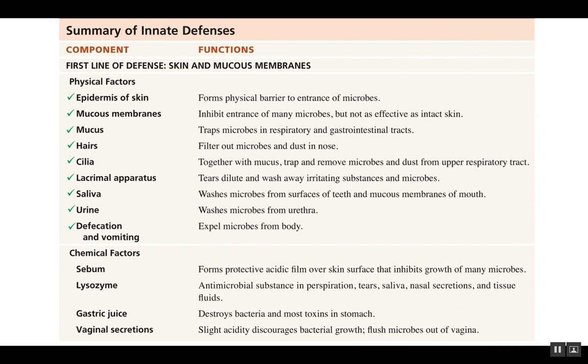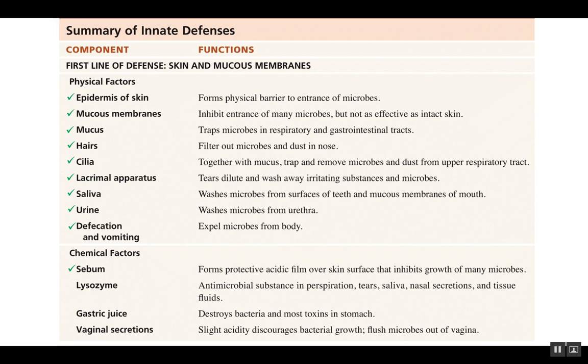Sometimes we have to defecate and vomit. Sometimes there's a microbe in our GI tract. Sometimes that microbe or toxin from that microbe initiates vomiting and initiates a very, very quick defecation we call diarrhea. And those are mechanisms to help expel that microbe or those toxins from the GI tract.